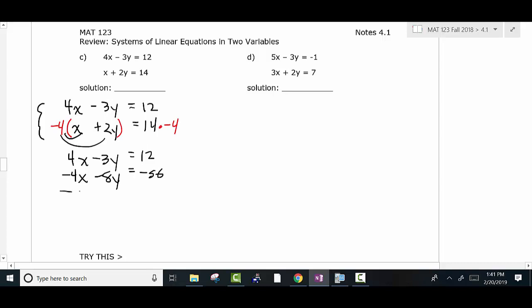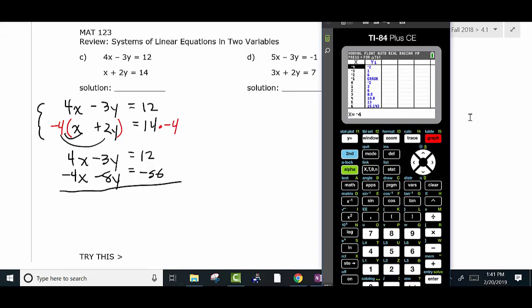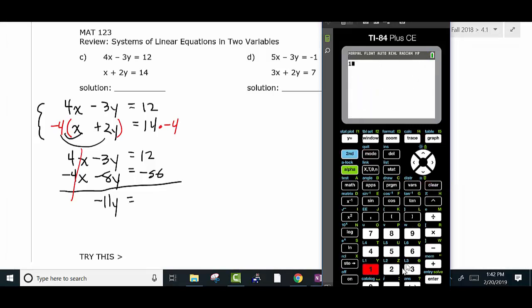So that's the whole key on that, is to get that kind of put together. Now, what will happen is when you add the columns together, that cancels. The next one is a -11y. Just double check all your arithmetic. You can use a calculator if you want: 12 minus 56 is -44.